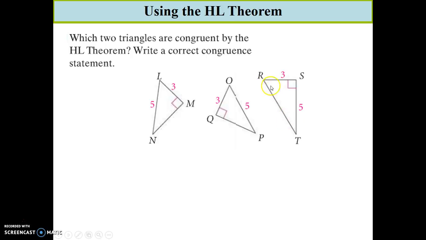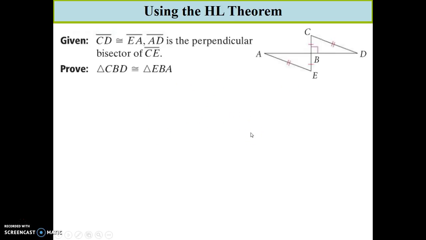Here the hypotenuse is not the same, so this one wouldn't be congruent with the others. Let's just make sure one of the legs are congruent, 3 and 3. Okay, good. So triangle LMN, and let me name it in the correct order, OQP. So LMN and OQP are congruent.